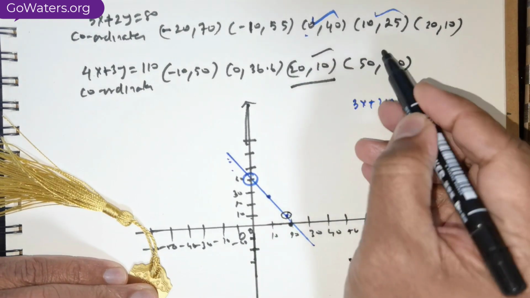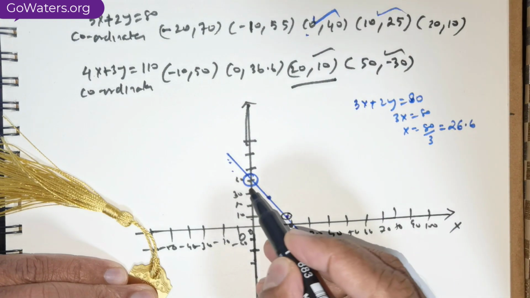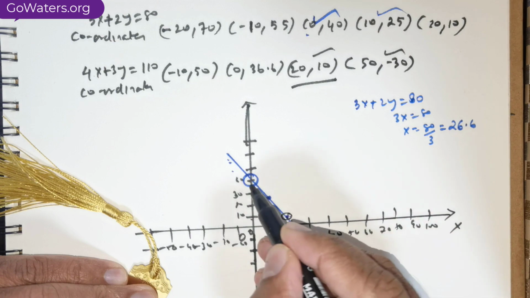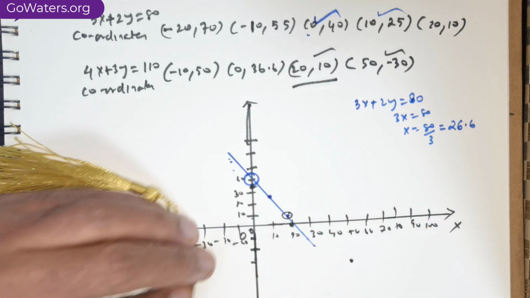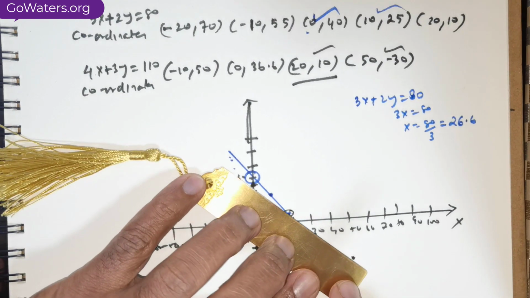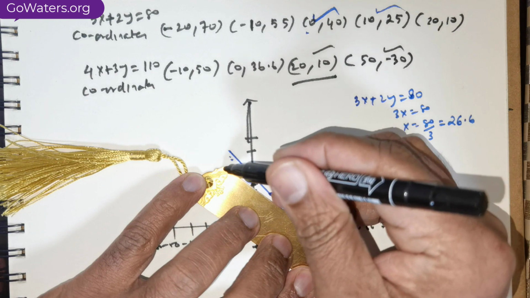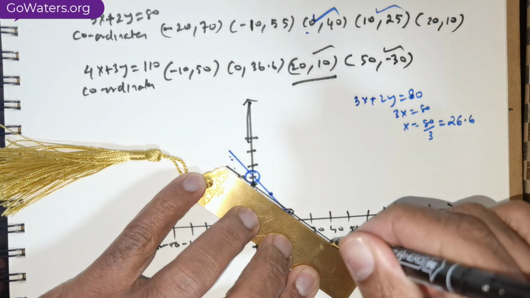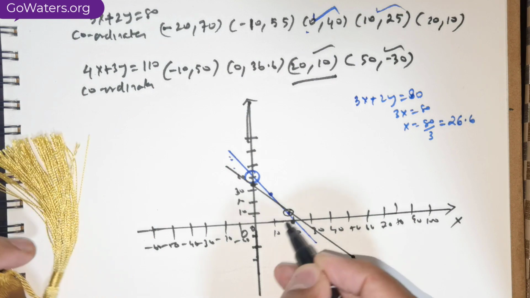Then 0 and 36 would be somewhere over here. So this would be the point. If I were to hit it, the graph will be something of this fashion. This is going to be the line and this is the point of intersection.